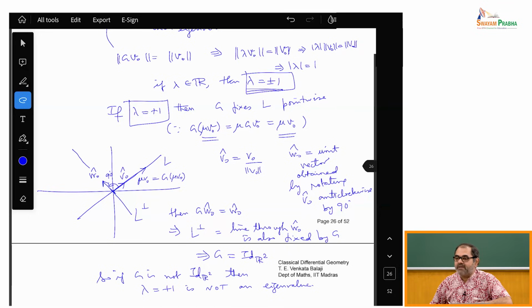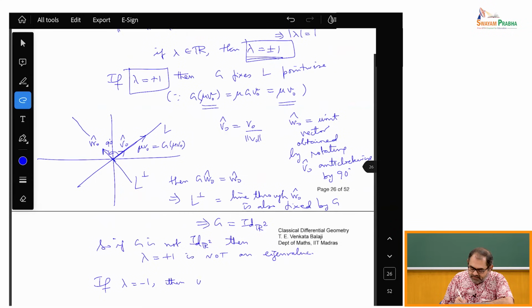The same kind of argument will tell you that V naught will go to -V naught, and W naught will go to -W naught, and you can see that what is happening is a complete rotation by 180 degrees.